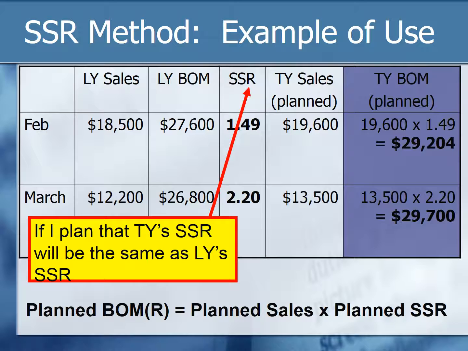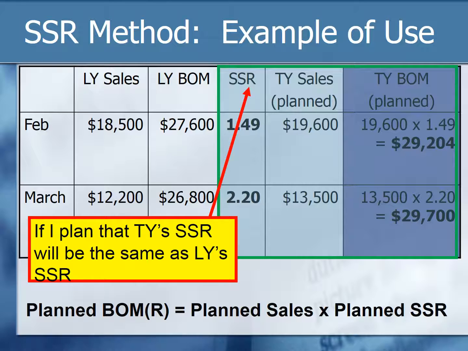Remember, we can plan BOM based on planned sales and planned SSR, right? Now that we plan that this year's SSR is going to be the same as last year's, we can use last year's SSR to plan this year's BOM by multiplying this year's planned sales for each month by last year's SSR calculated for each month.